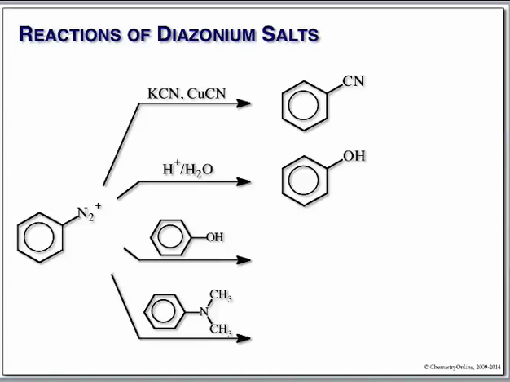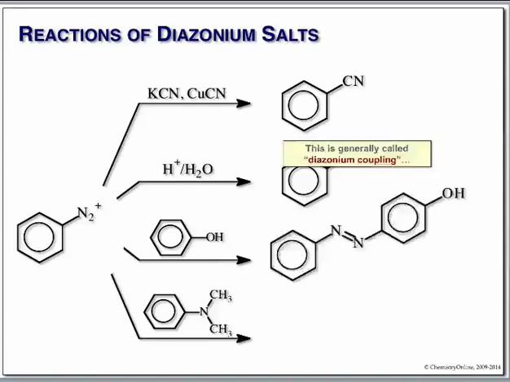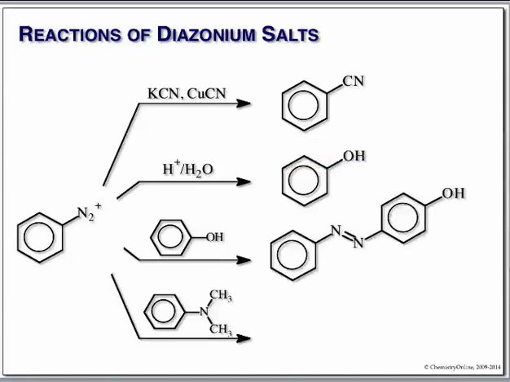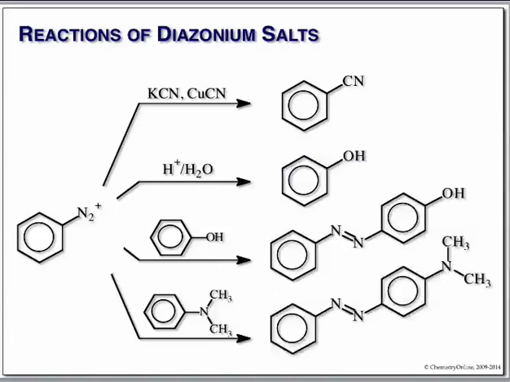Diazonium salts add to phenols, actually, at the 4 position, and we get coupling products. These were the things that originally led to the dye-stuff industry. If we do this with dimethylaniline, we get this stuff that is brightly colored. It's some yellow dye.